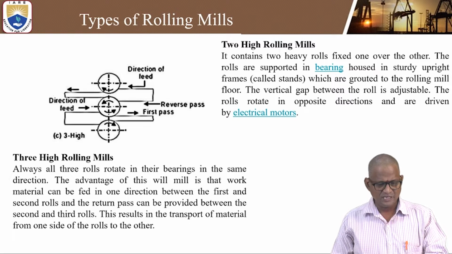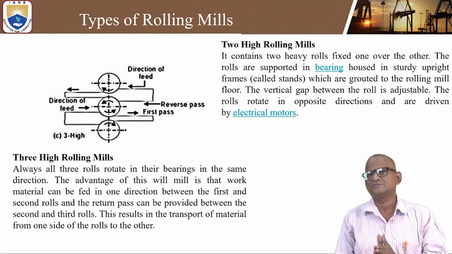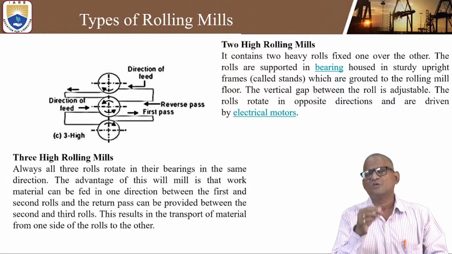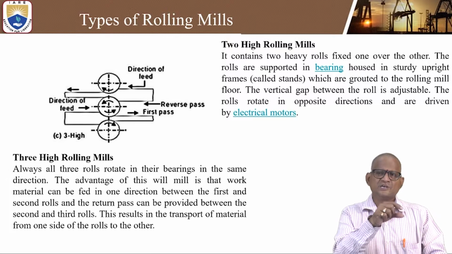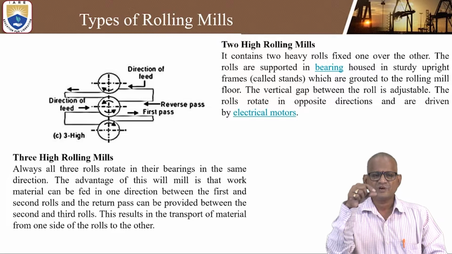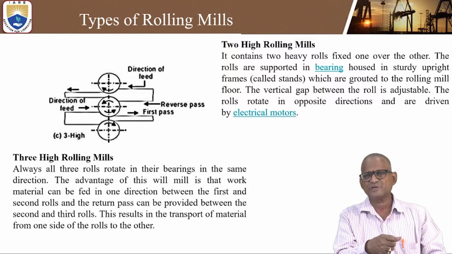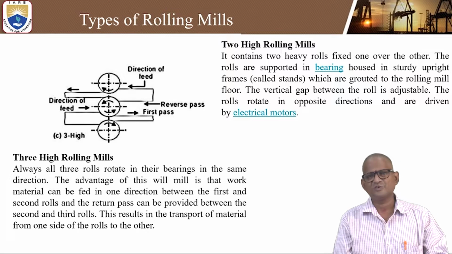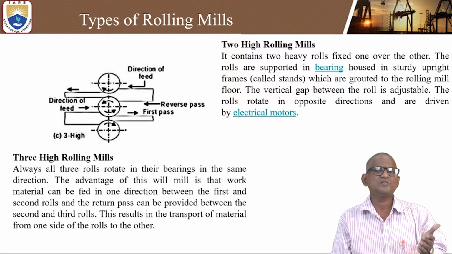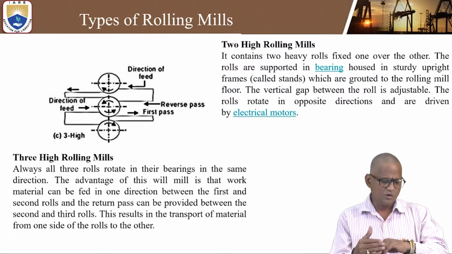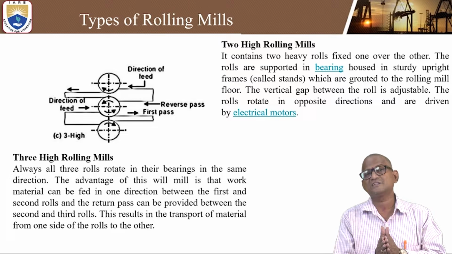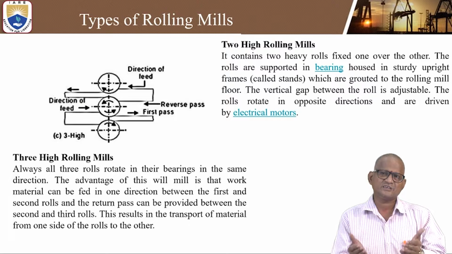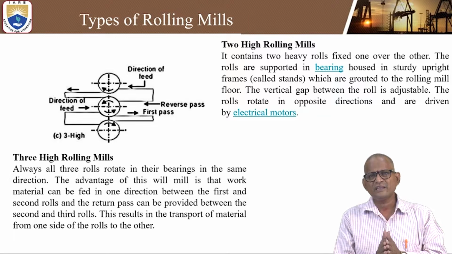Next, coming to the different types of rolling mills, we have discussed the general concept of the hot rolling process. Whatever the given input, with the application of compressive force and shear force, its shape can be changed. That is the basic principle of rolling. Hot rolling means heating the metal above its recrystallization temperature.